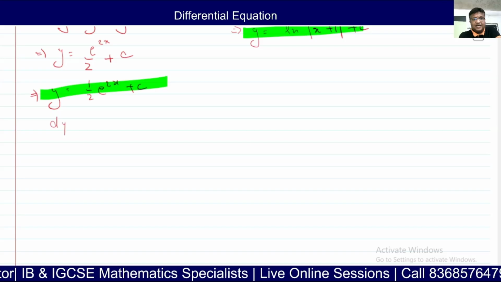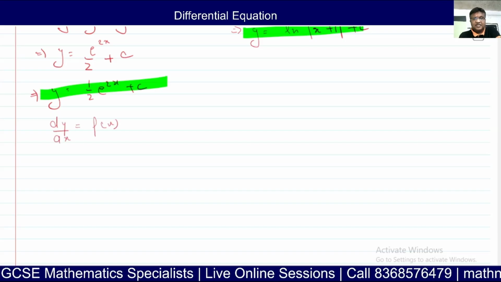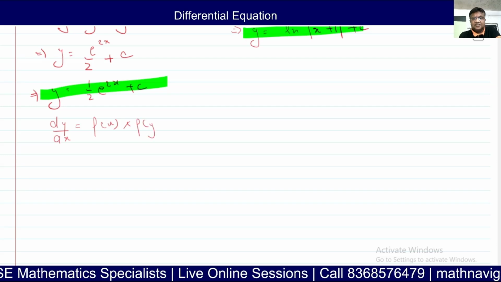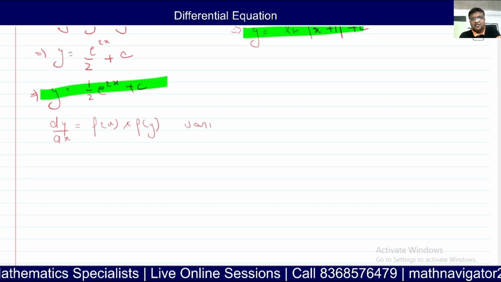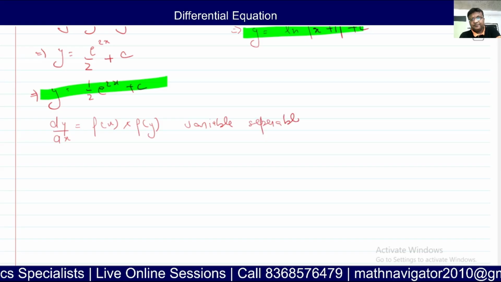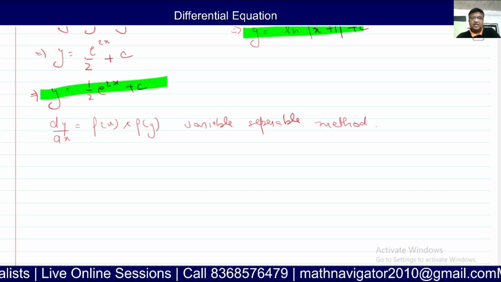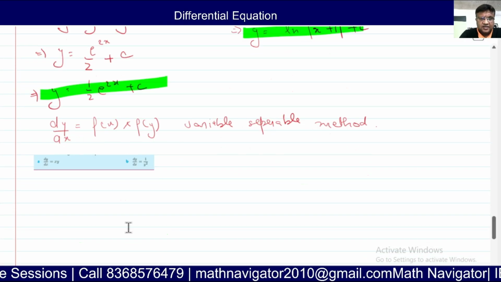When dy by dx is equal to f(x) times f(y), this is called the variable separable method. Got it? So how do we do it? I'll just write.